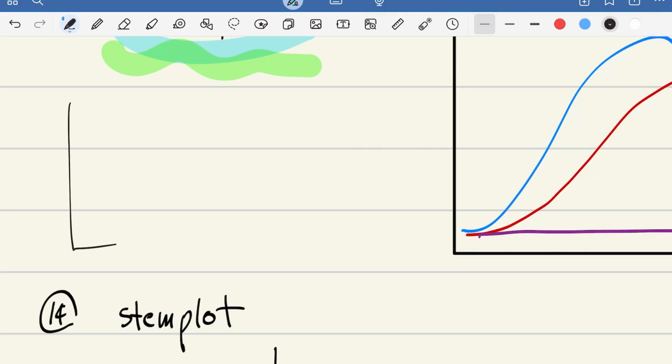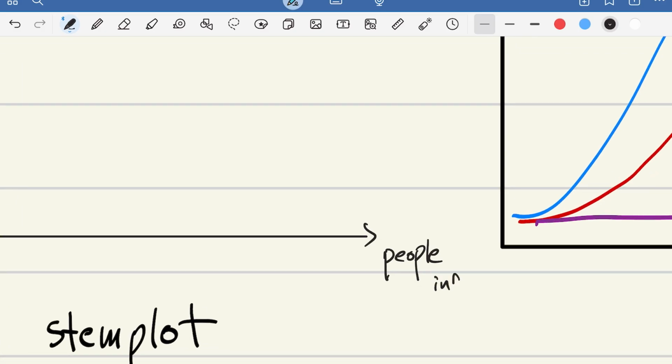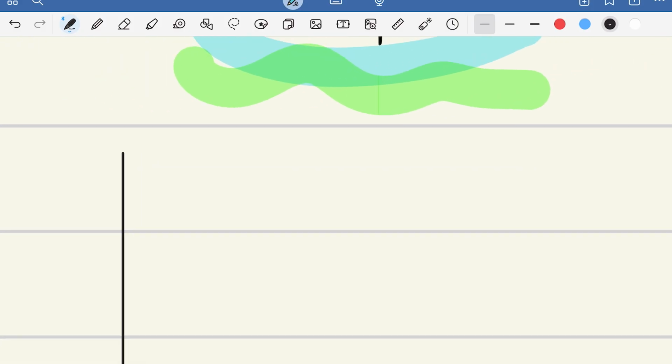So for example, if this is people infected with a disease, then this y-axis will be the count, or number, or frequency.